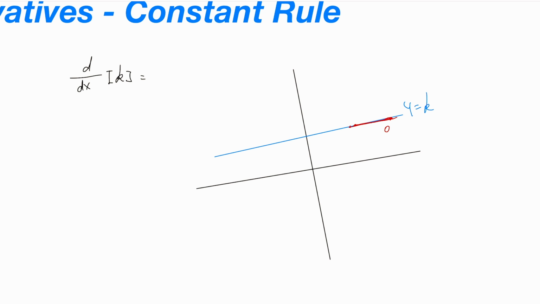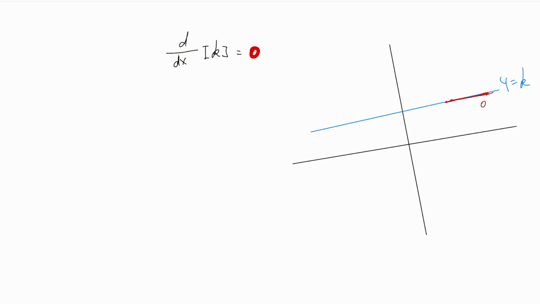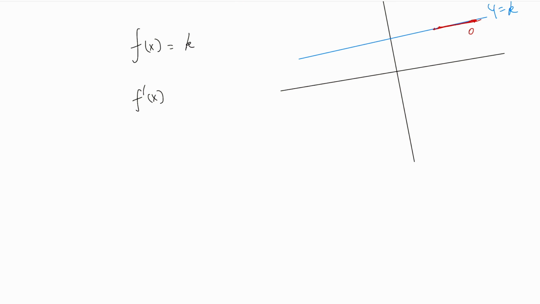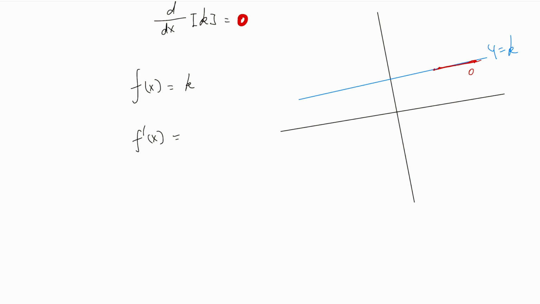So let's prove our claim with the definition of derivatives. If we define a function f(x) equal to k, then f prime of x, or the derivative with respect to x, is d/dx of k, which we have as the limit as h approaches 0 of f(x+h) minus f(x) over h.